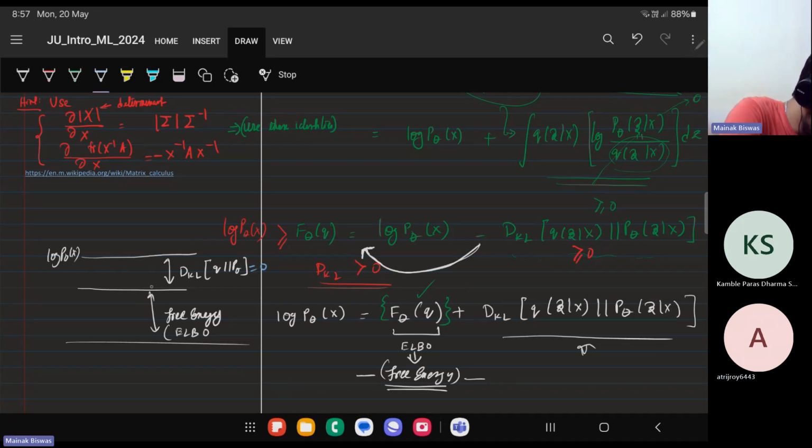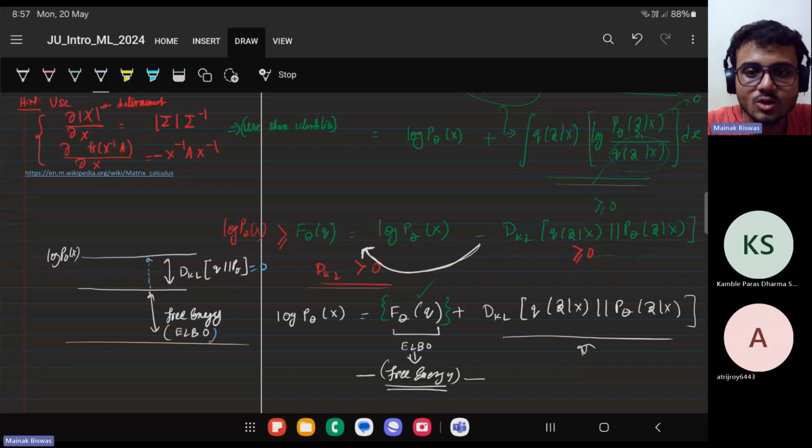I have to make the free energy equal to the total usable energy, and the other energy I have to just remove. Somehow the KL divergence should be equal to 0. Then only I'll get log p theta equal to f of q.